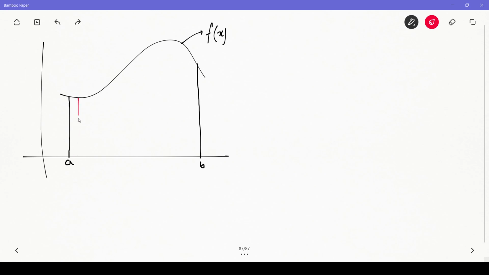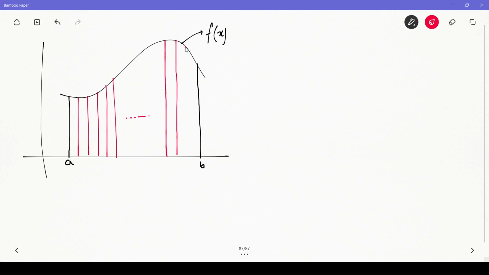Let's say this is one segment, this is another segment, another segment, another segment. Let's put ellipses between them and say there are numerous other segments in between. And let's draw the last few segments, which looks something like this.